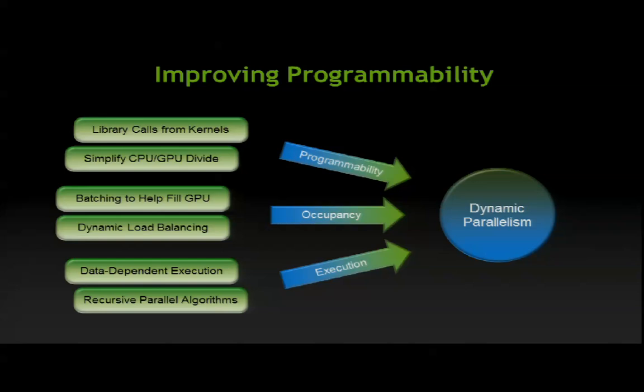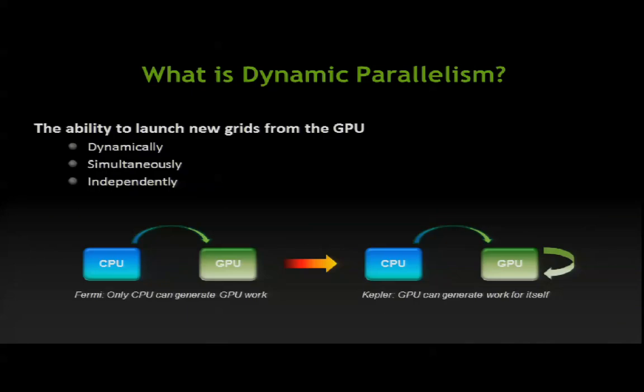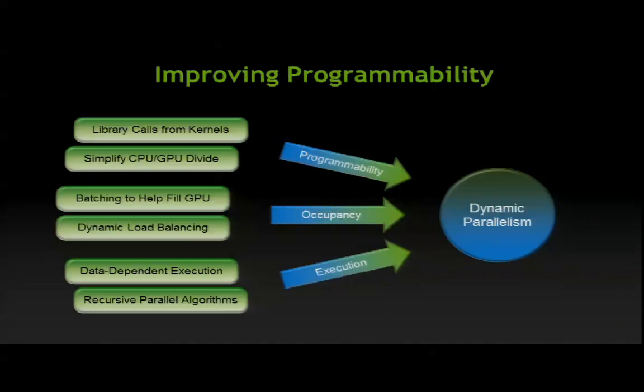Then we had the issues of backfilling the GPU, and as I said, with Hyper-Q, that's one way of addressing that. And then there were all the things about data-dependent execution, like tree traversals, so recursive algorithms in particular, or if you had to make certain decisions based on a data value. All that was addressed with the feature called dynamic parallelism.